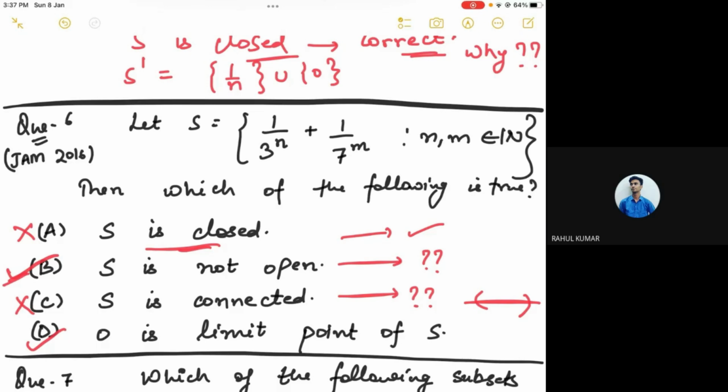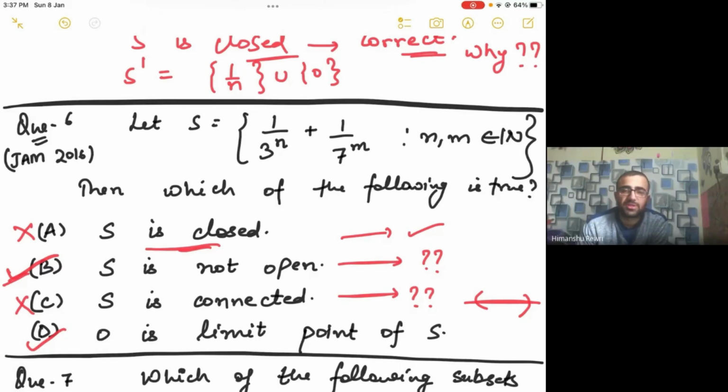My doubt is someone says since S is countable, so S is not open. Is it necessary for all countable sets? See, if we are considering the real numbers, then if your set is not uncountable, then it should not be open.